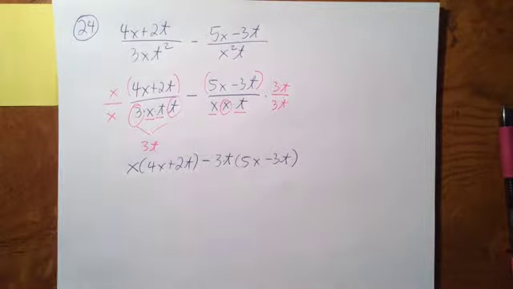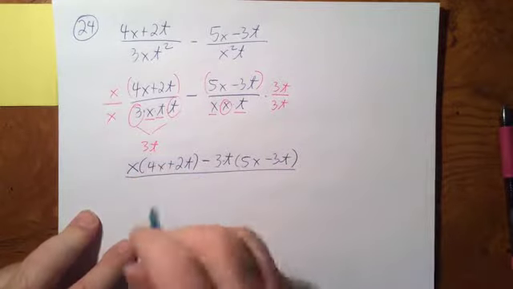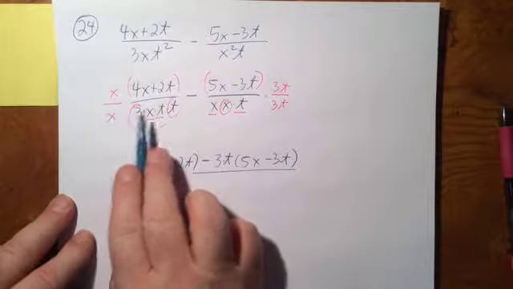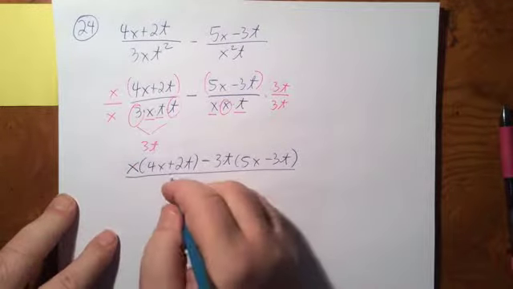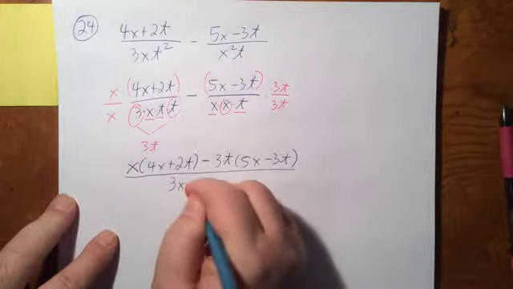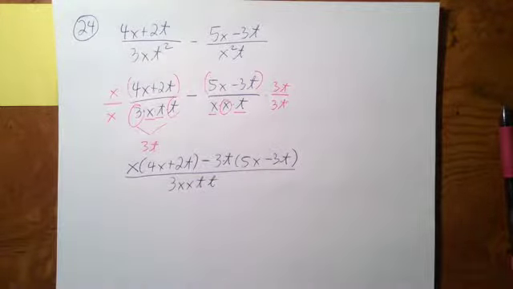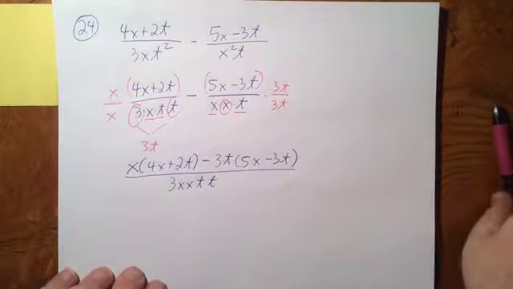And when I distribute the negative 3t through here, this will take care of the minus sign that's part of the problem. And this is going to be over 3 times x times t times t. We're going to keep that, and see if there's any simplifying we can do later.